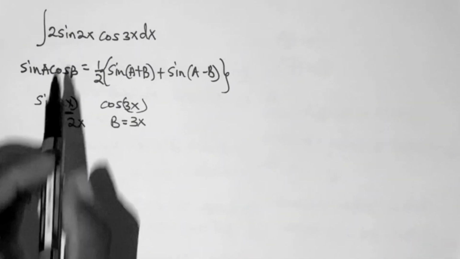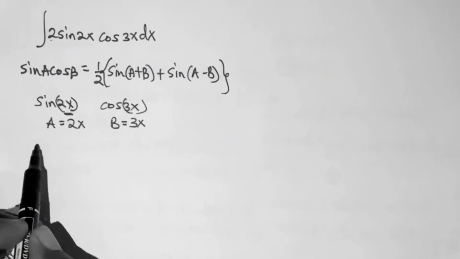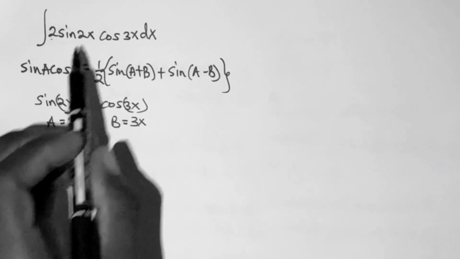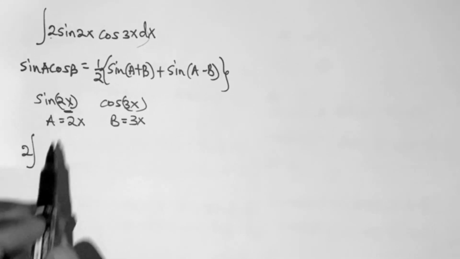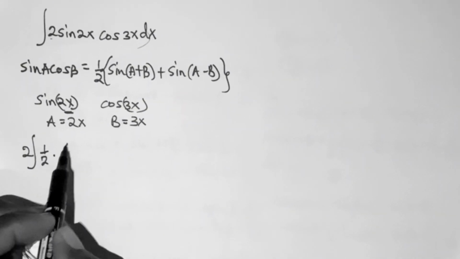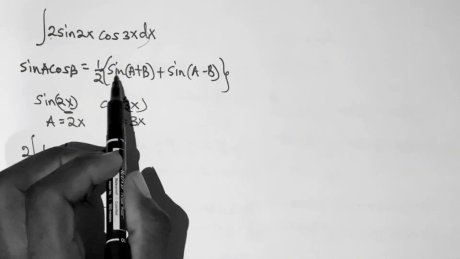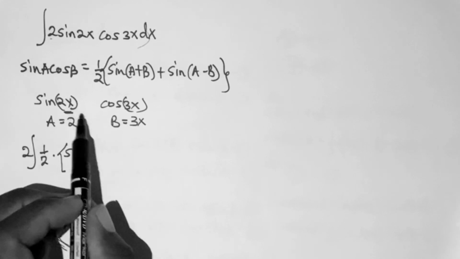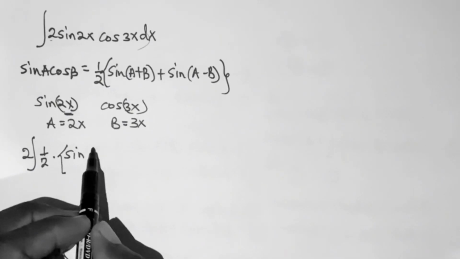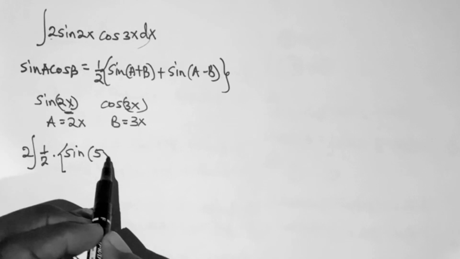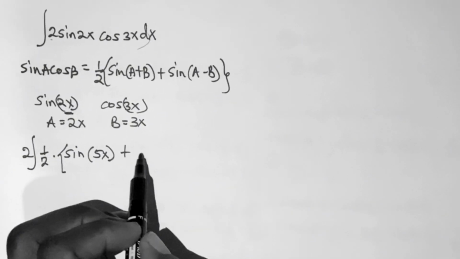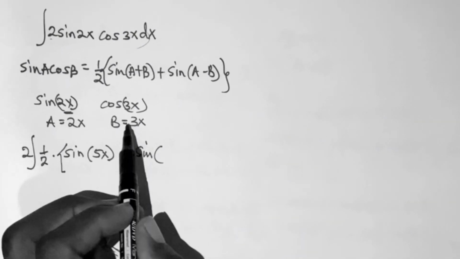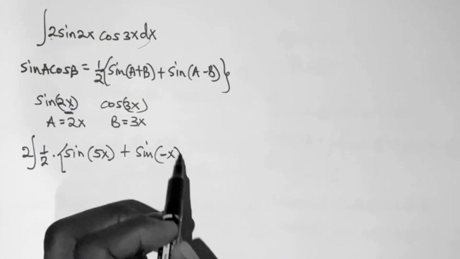So now the integral, this is a constant, so I'm bringing it out of the integral. So the integral becomes 2, and then now we want to replace sine A cos B with half of [sine(A + B), which is 2x plus 3x, and that is going to give us 5x, and then plus sine(A - B), which is 2x minus 3x, which is minus x].